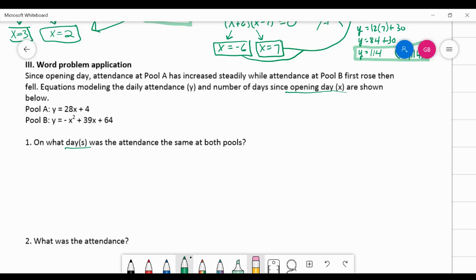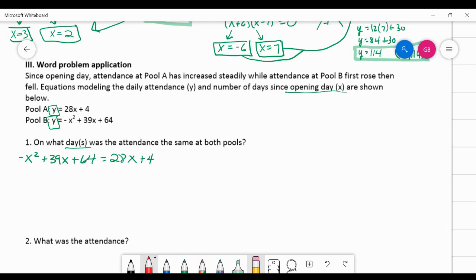To find that, we have two equations equal to y, so we could set them equal to each other. So negative x squared plus 39x plus 64 is equal to 28x plus 4. Now I want to get them all on the same side and set it equal to 0.